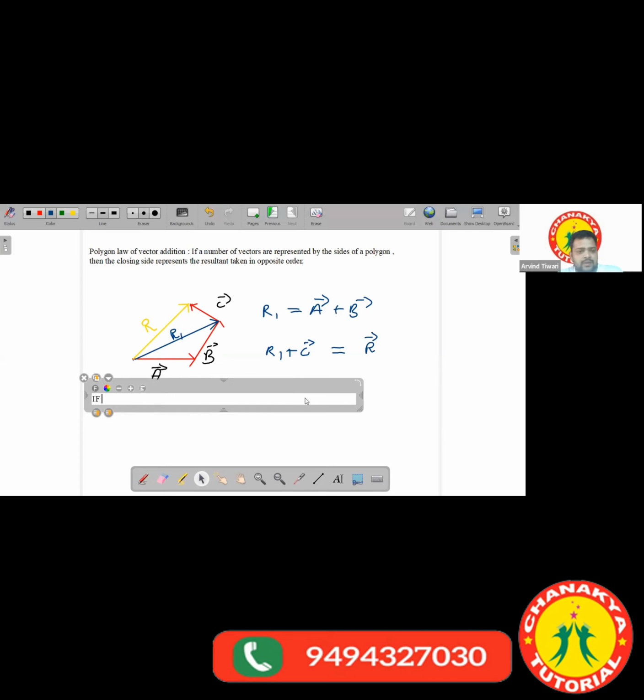So here, if vectors A, B, and C are represented by the three sides of a triangle taken in order, find the sum of all three vectors.